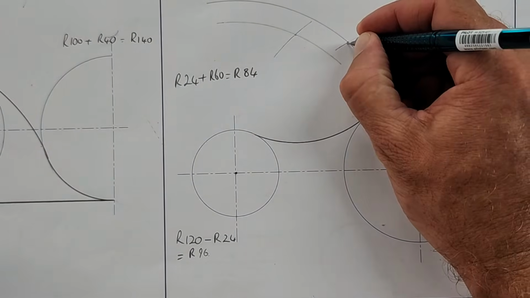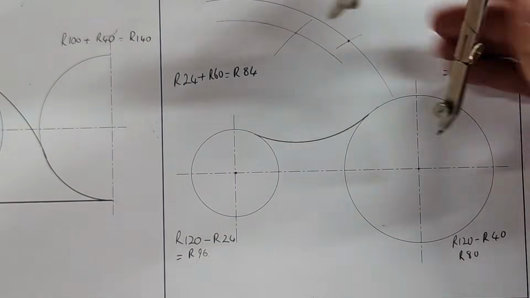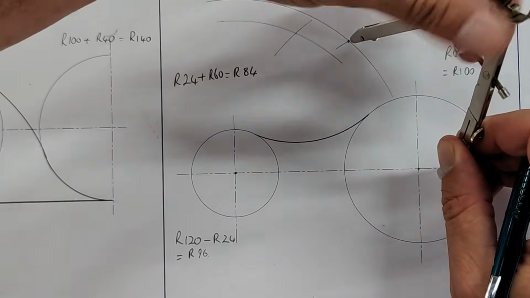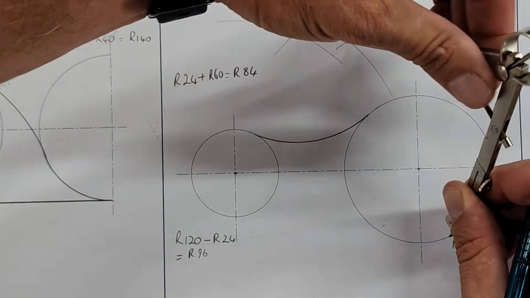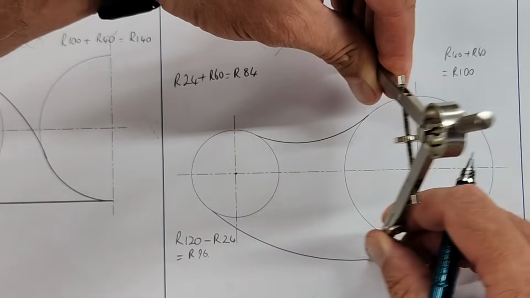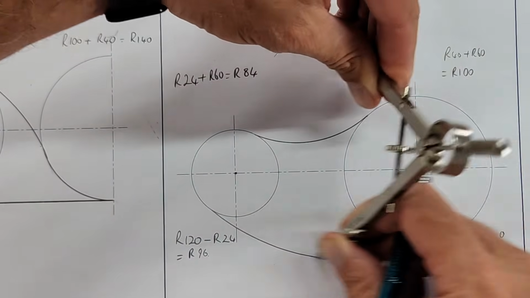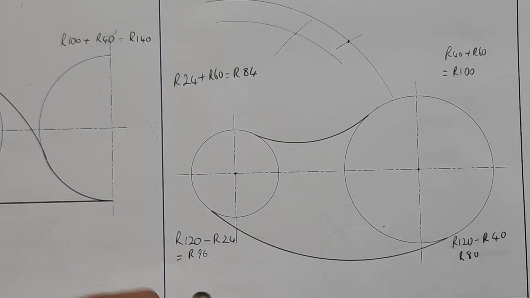Alright, so this center is for this one here. Let's see, I don't know if this compass is going to be long enough. Might be, it might be 100. Radius 120, right? So there. Perfect. Okay, and now we're just going to finish it off.